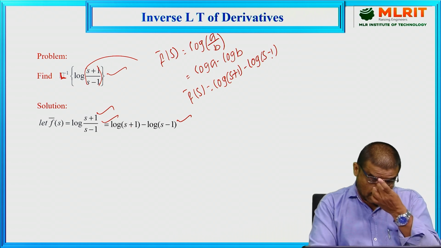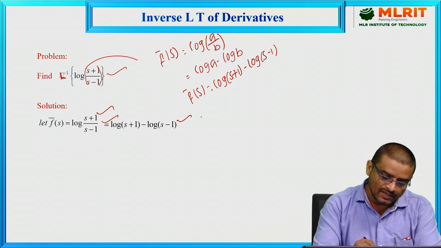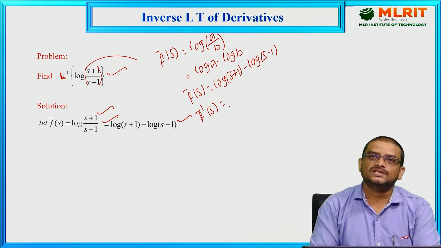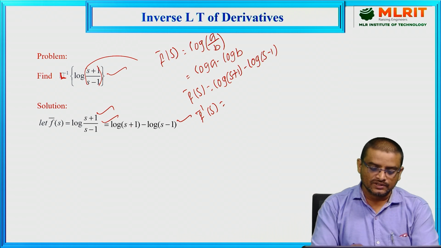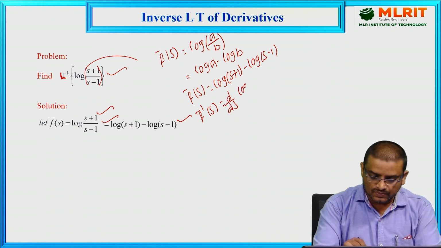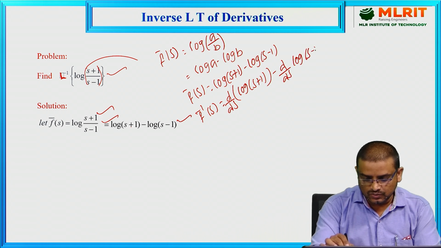After taking this f bar of s value, immediately find the derivative of this. Apply the ordinary derivative with respect to s on both sides. So you will get d by ds of log of (s plus 1) minus d by ds of log of (s minus 1).